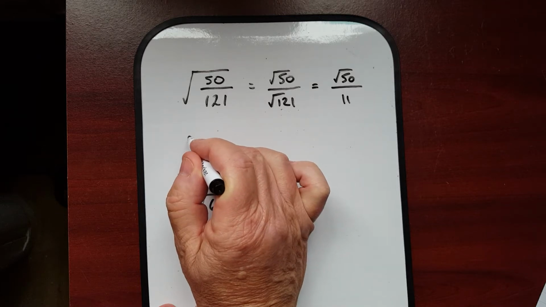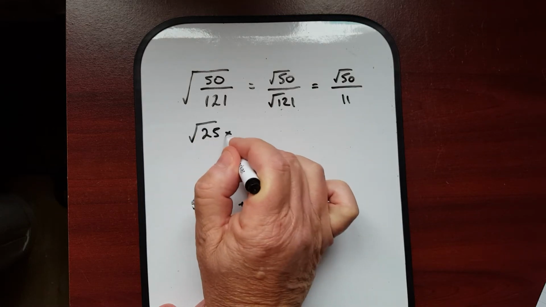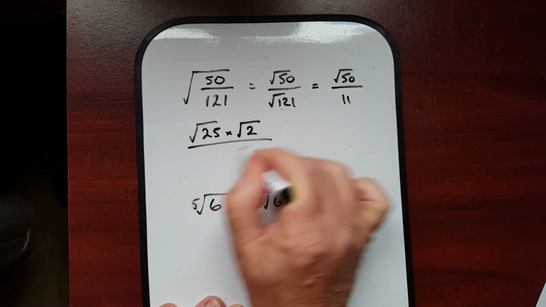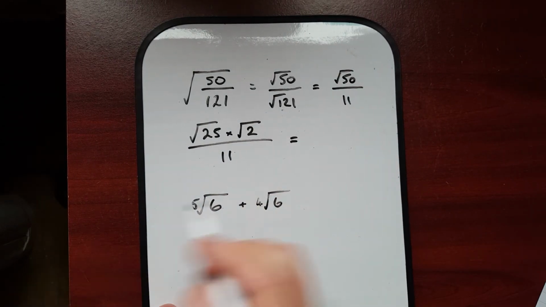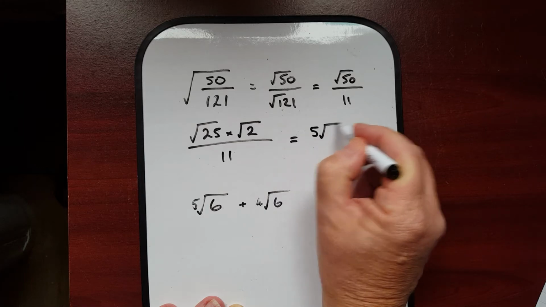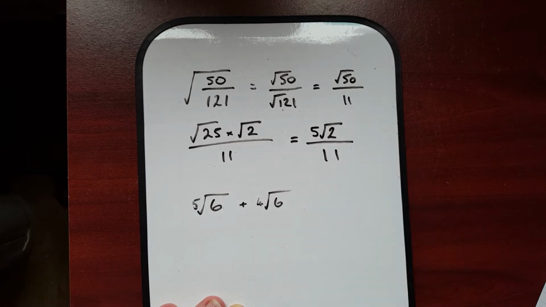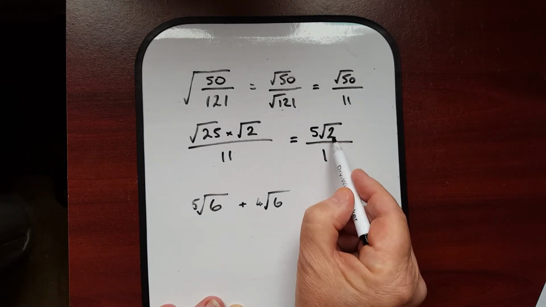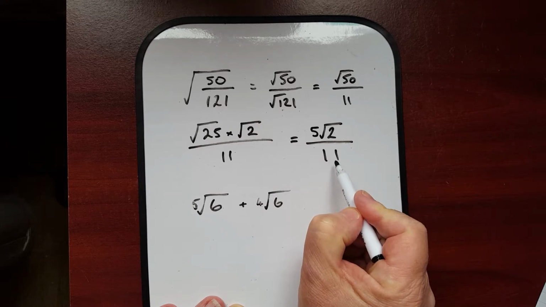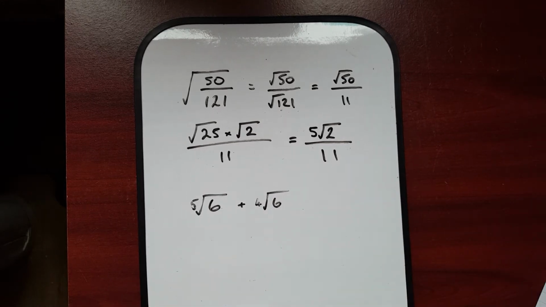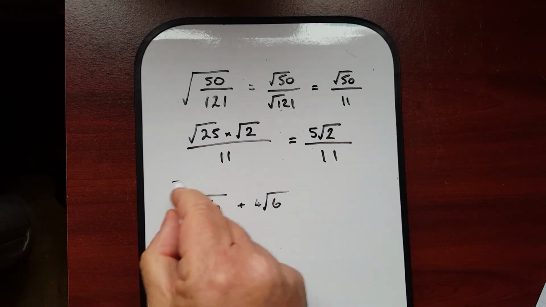So the square root of 50 could be the square root of 25 times the square root of 2, all over 11. We know that the square root of 25 is 5, so it's 5 times the square root of 2 over 11. And that's now finished. You can't simplify that any further. That's already become a rational number, and therefore we've completed that simplification.